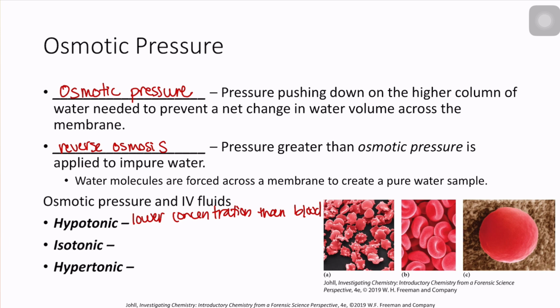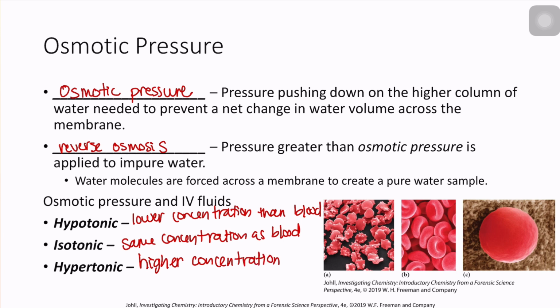If it is isotonic, that means it is the same concentration. If it is a hypertonic solution, then it has a higher concentration. So that's where you would see cells either becoming very enlarged or shrinking.